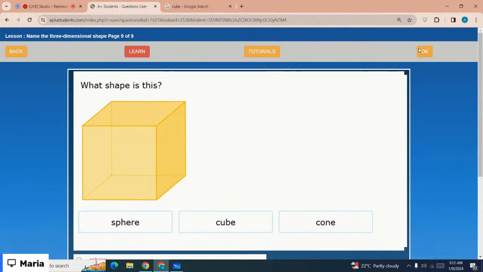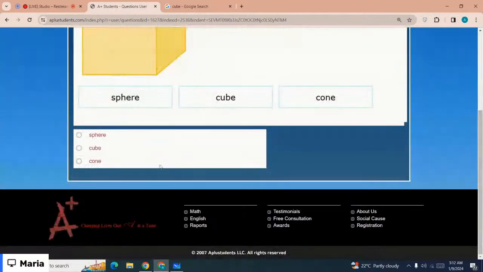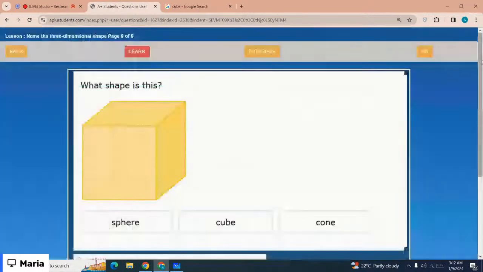What shape is this? Which is the correct option? Yes, that is a cube. The correct option is cube. Okay, we are done with the lesson. Let's move on to the next lesson.